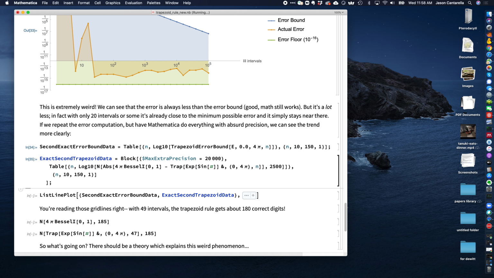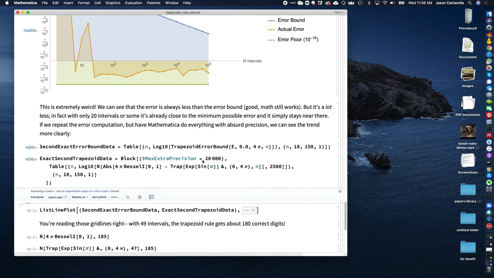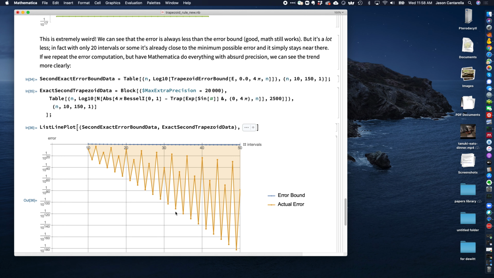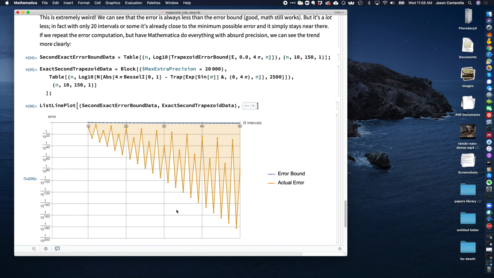So this will take just a few minutes to do because what I've done is I've asked Mathematica to do it in absurd precision. So in a maximum of 20,000 digits of precision and evaluating things numerically in 2,500 digits. I just picked these numbers to be big. It was fast enough anyway. Okay, so here we go.